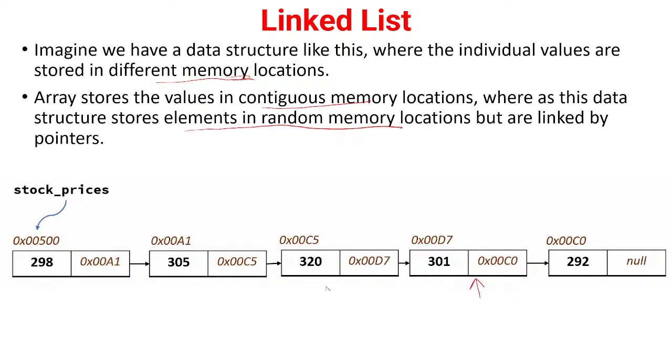You can see here the first element address is 500, the next element address is A1, the next is C5, then D7. It is enough to acquire 4 plus 4, 8 bytes of memory, wherever it is available. You can store one element: for the integer 4 bytes, for the pointer 4 bytes. So if you have just 8 bytes of memory at any place, that is enough.